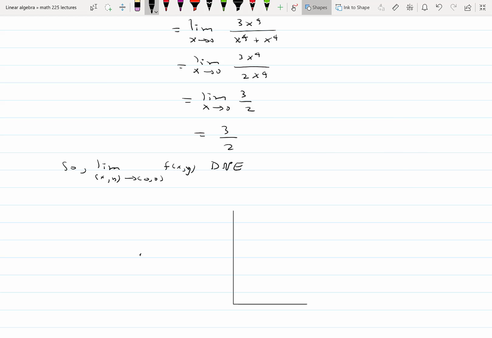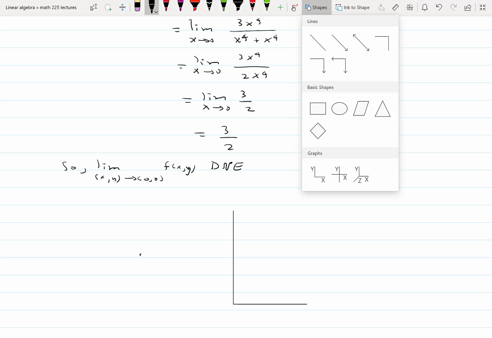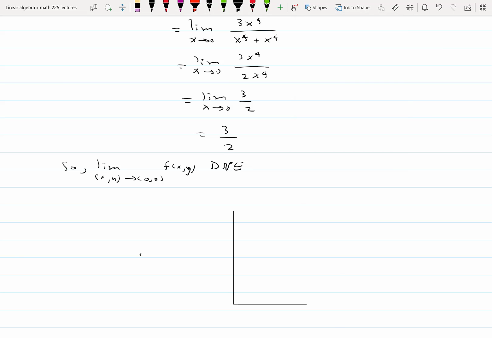Let me attempt to draw a few of those lines that are approaching the origin. So here's one. Here's one line. Here's another line. Oops, I guess it's going to make me do a fresh line every time. Here are a few of the lines that are approaching the origin, a few of the lines on y equals x.